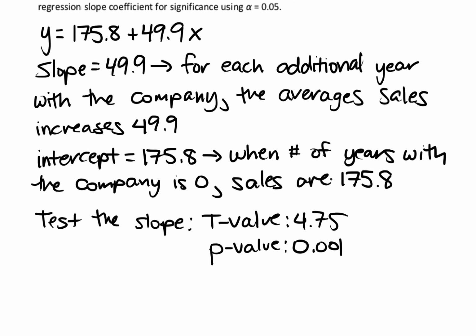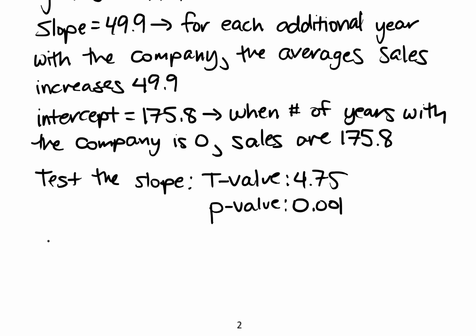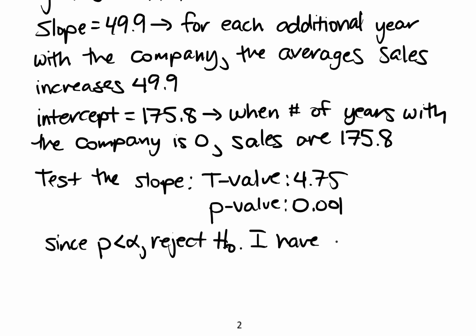So compare my p-value to alpha. Since p is less than alpha, I can reject the null hypothesis. So that means that I do have evidence that the slope is significant.